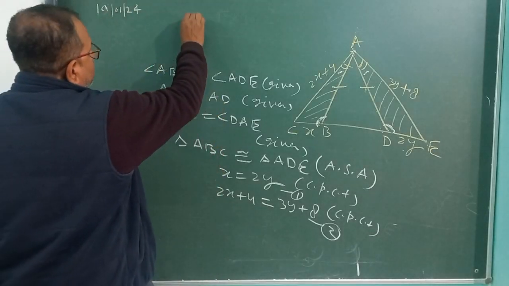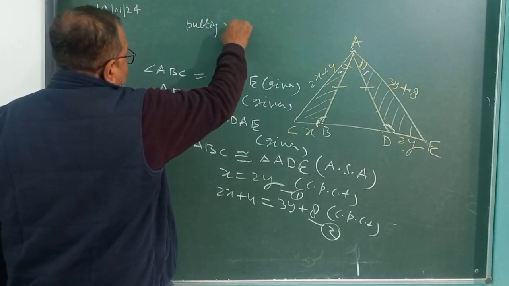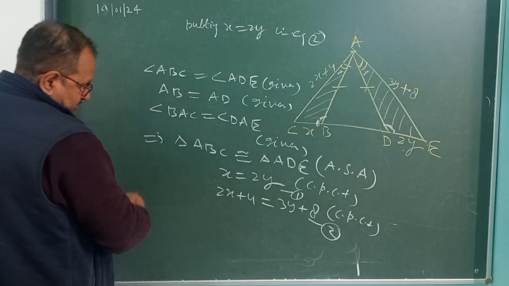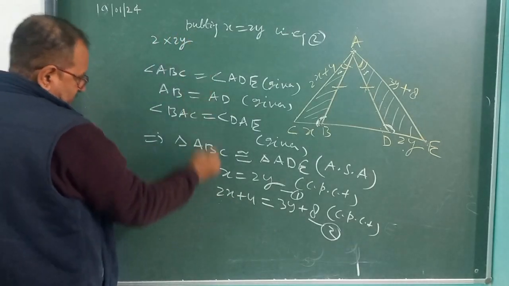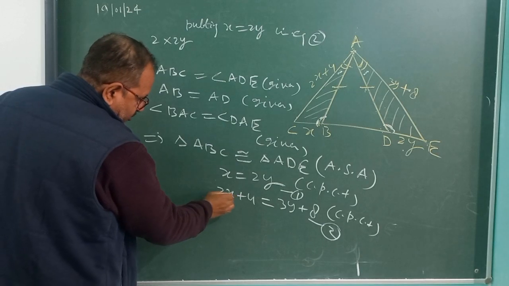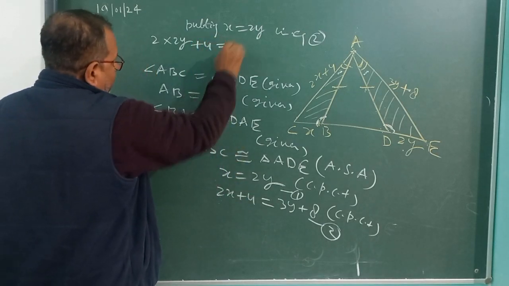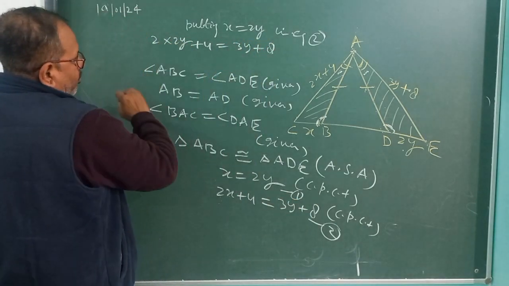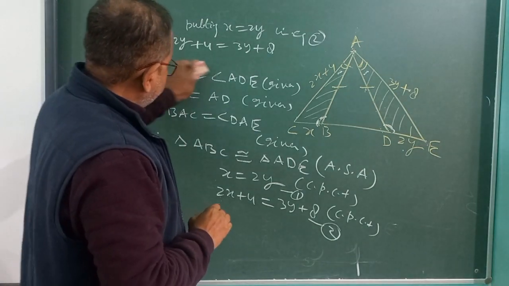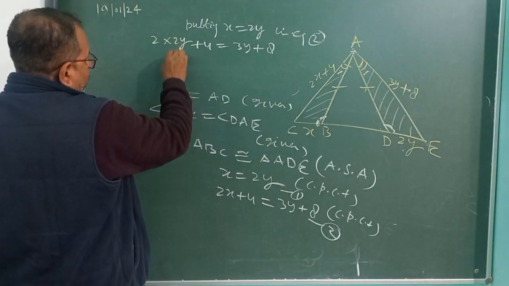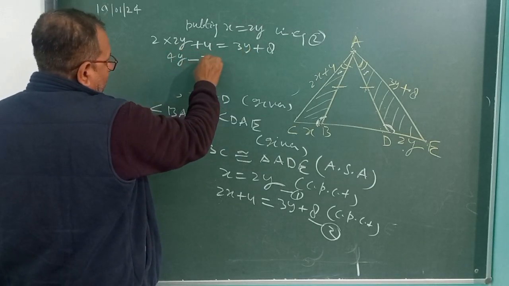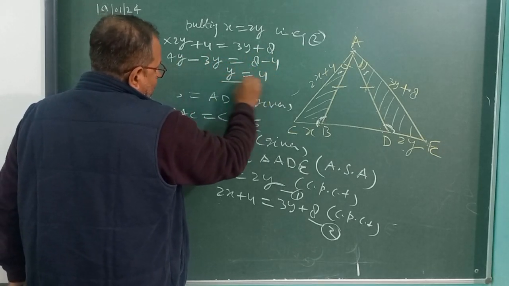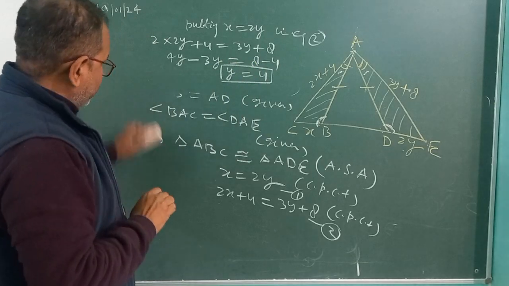Putting x is equal to 2y in equation 2, it will be 2 into 2y plus 4 is equal to 3y plus 8. 2 into 2, 4y. Transpose: 4y minus 3y is equal to 8 minus 4. So 4y minus 3y is 8 minus 4, which is equal to 4. So the value of y is 4.